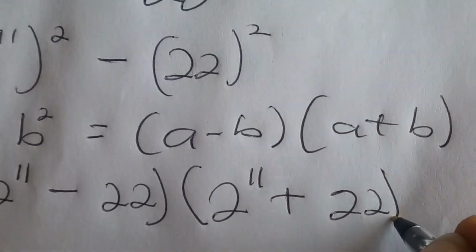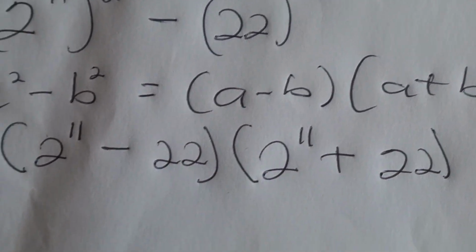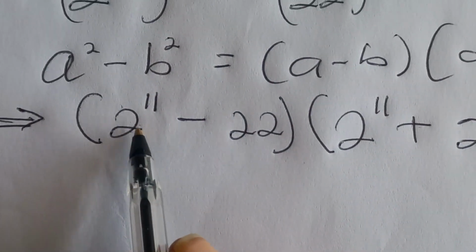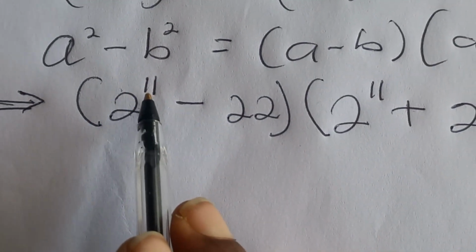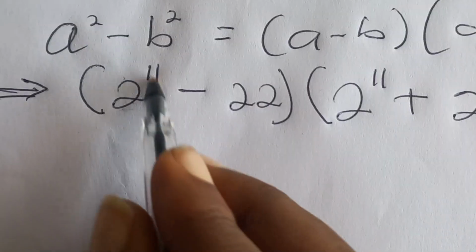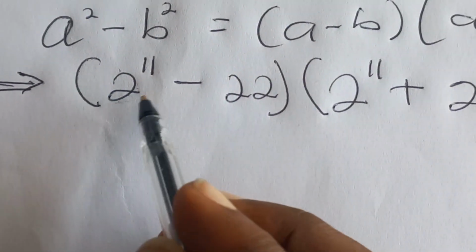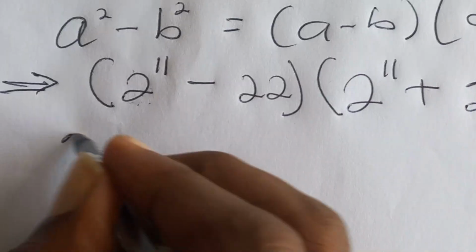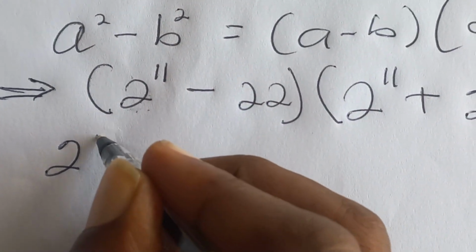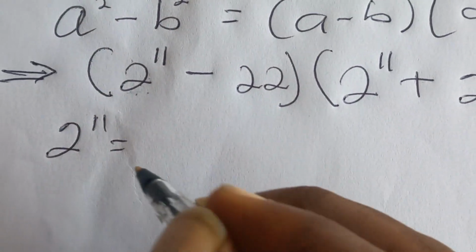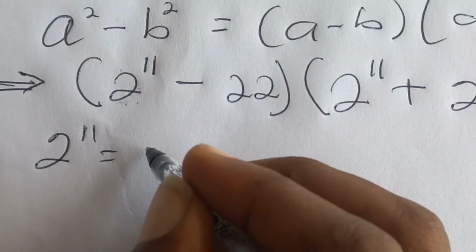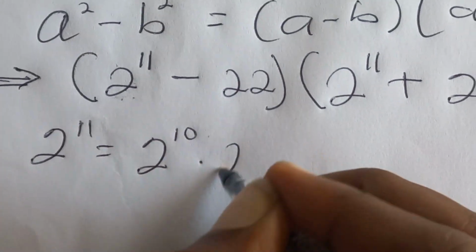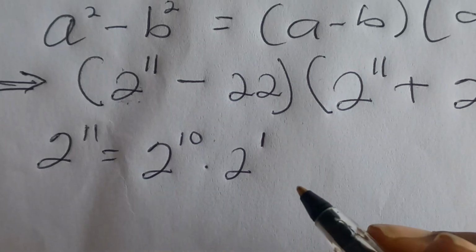So from here, we need to express this 2 exponent 11 as a whole number. Let us solve for it since we are not using a calculator. We can write 2 exponent 11 as 2 exponent 10 multiplied by 2 exponent 1.